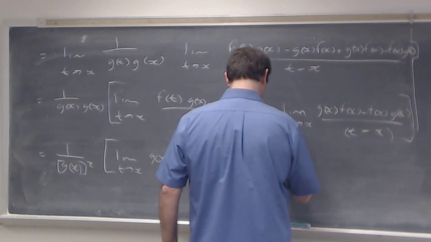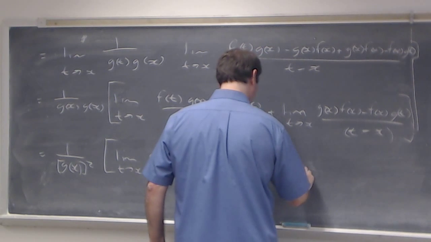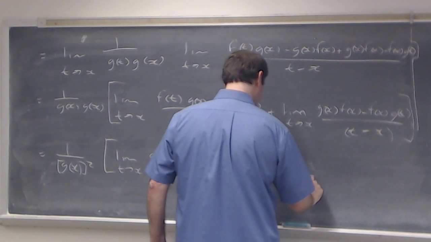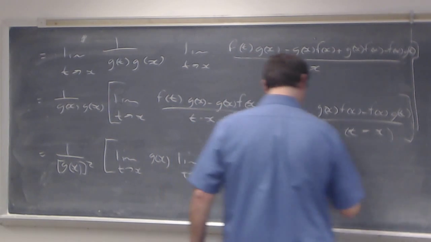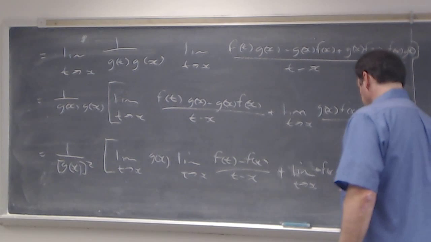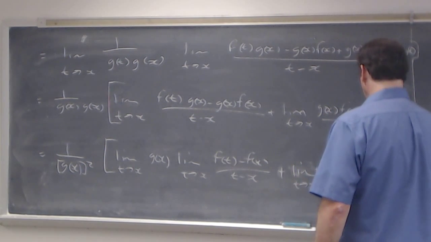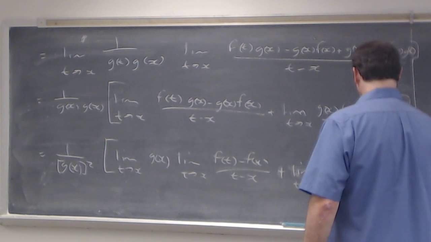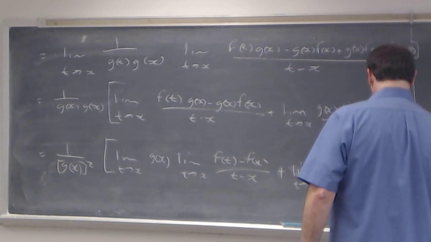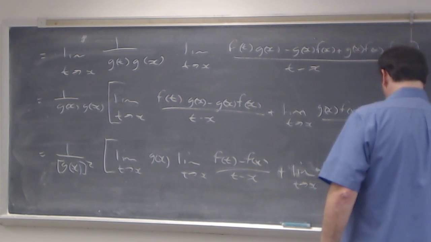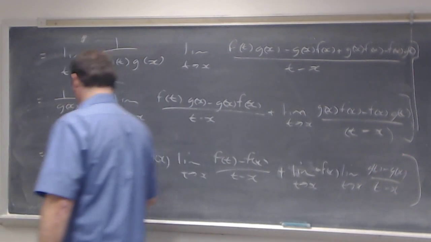So let's make this minus f of x, well, I should put a limit out front of it. Limit as t goes to x. Let's make it plus or minus f of x in that form. There's a minus there. And then times the limit as t goes to x of what I'd be left with if I took out a minus, and this would just be g of t here, and this would be a minus g of x, all over t minus x. We do that so that we can recognize that as the derivative of g evaluated at x.